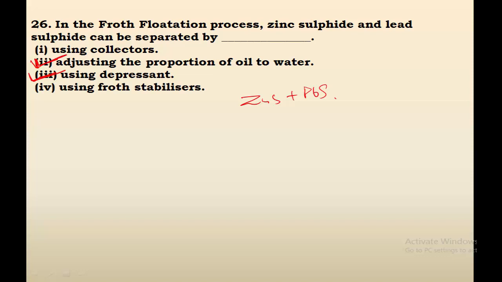This is another important thing that you should know. Some ores are separated by adjusting the proportion of oil to water. Then we will add a certain depressant to separate the two sulfide ores. So second and third are both correct statements.